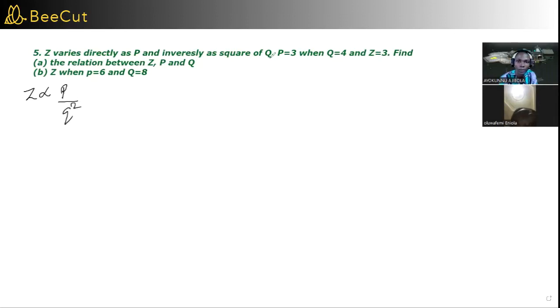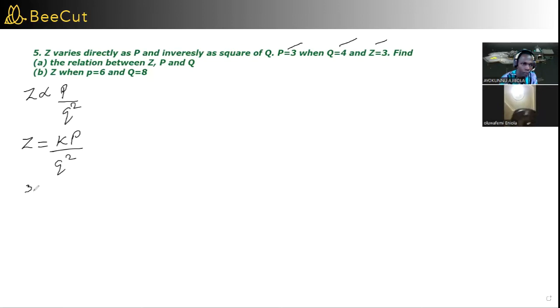Let's put the equation sign first. So Z equals constant K times P over Q squared. Now I'm putting the values. P is 3, Q is 4, Z is 3.